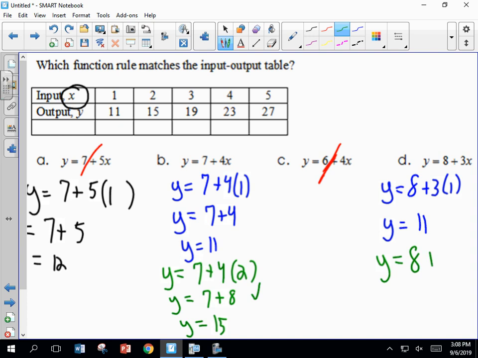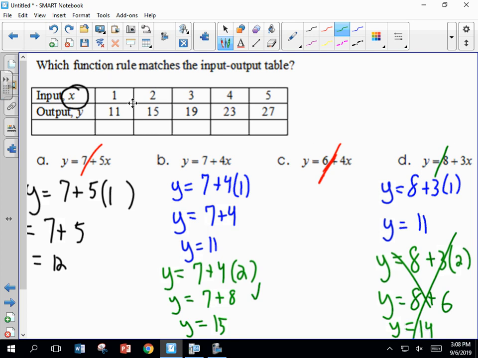8 plus 3 times 2, y equals 8 plus 6, y equals 14. Now, when I plugged in the input of 2, it did not give me 15. So that is not a possibility. It has to work for every single one of these.